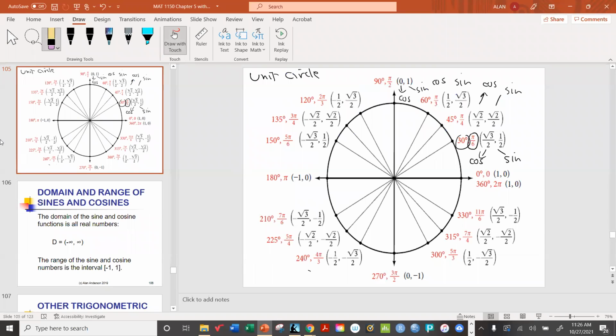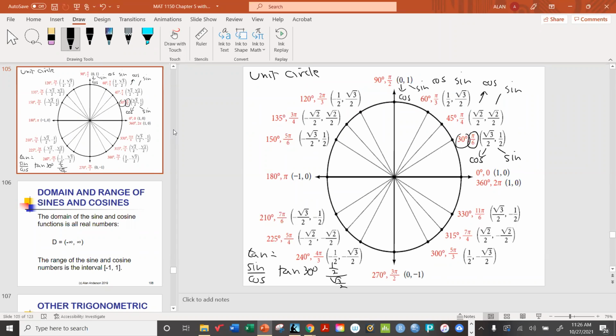The tangent is the sine over the cosine. So therefore, for 30 degrees, it would be 1/2 over radical 3 over 2, which is just 1 over radical 3 or radical 3 over 3. So that's all you would need to do.